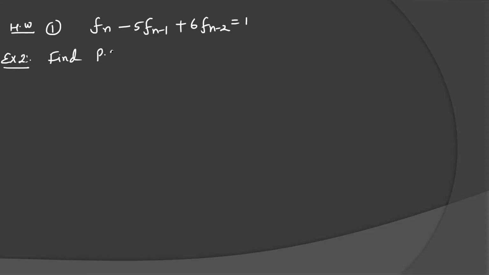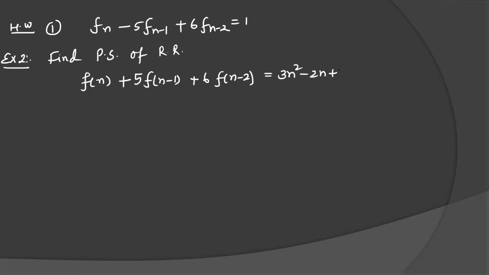Now I am going to find only the particular solution. The homogeneous solution you can find using the first part of the lecture. Find the particular solution of the recurrence relation Fn plus 5 Fn minus 1 plus 6 Fn minus 2 equal to 3n square minus 2n plus 1.